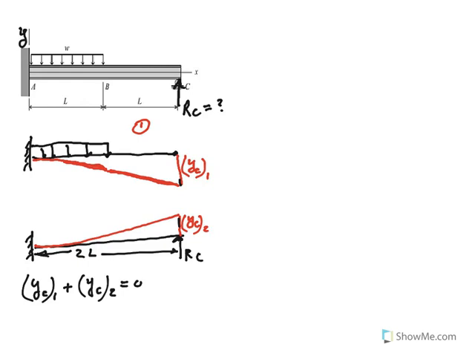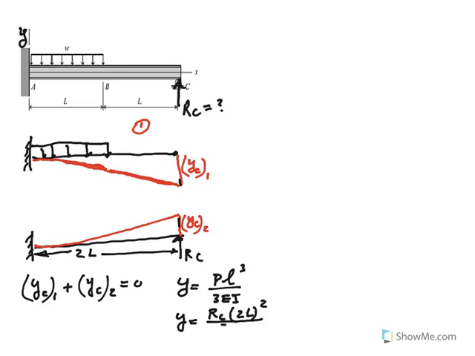So let me start with the simple case here. If you look at the chart, this is probably the first item, the first row. For a cantilever beam, the deflection for a concentrated load at the end of the beam is determined by this equation, PL cubed over 3EI. But be careful, guys. This one is pointing up, so it's a positive deflection, but P is R sub C, and the length is 2L.